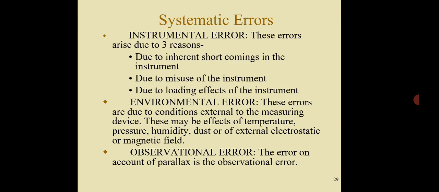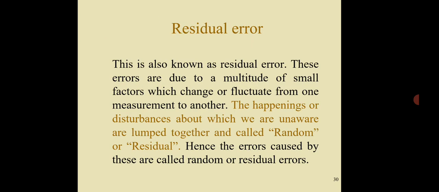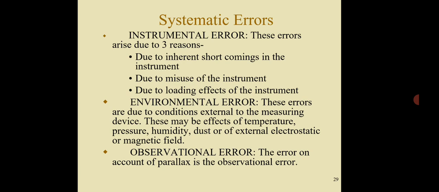For example, if the needle is showing 0.2 but you read it as 0.4, then it is known as a parallax error or observational error. These are the three different types of systematic errors.